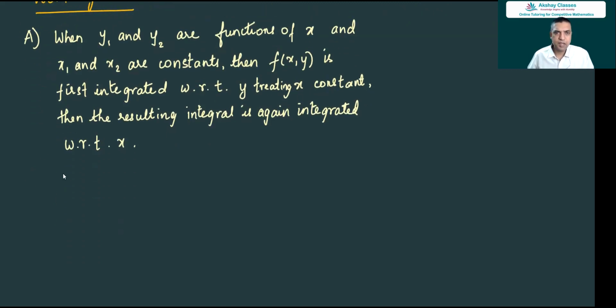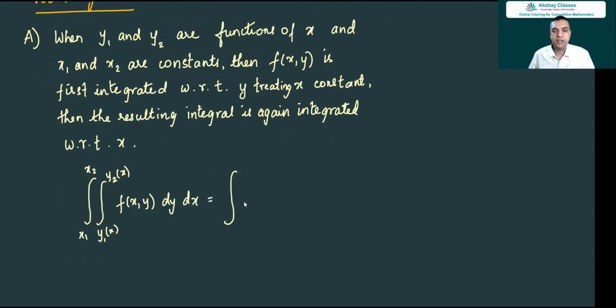So let us look at this scenario. You have a double integral where y1 is a function of x and y2 is a function of x, x1 and x2 are constants, and we have the integral of f of x comma y dy dx.